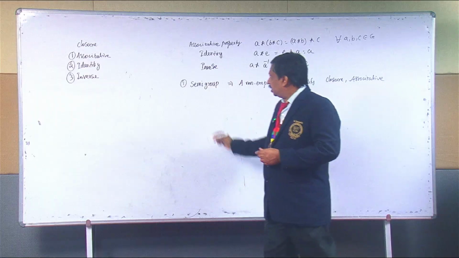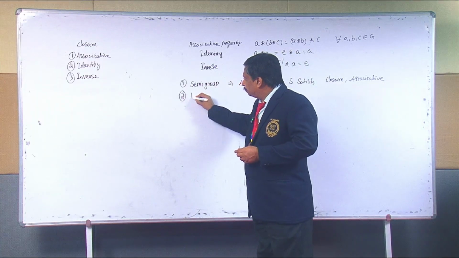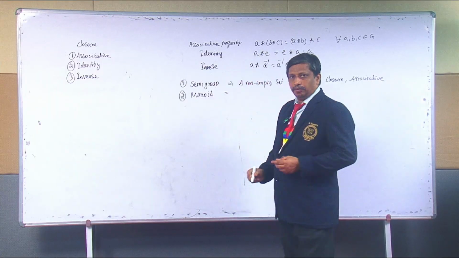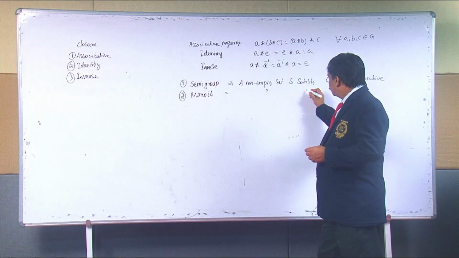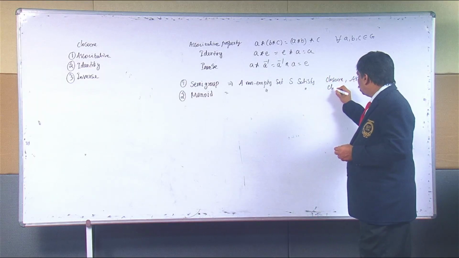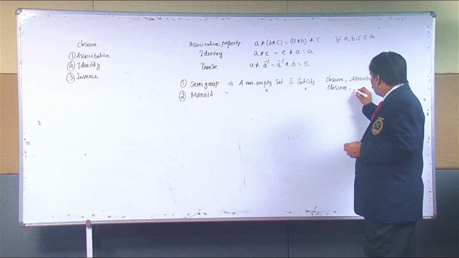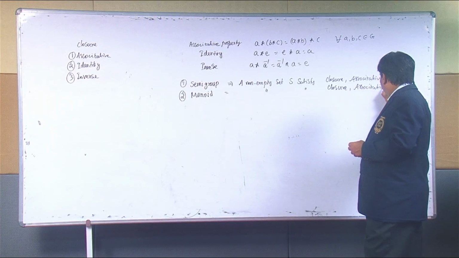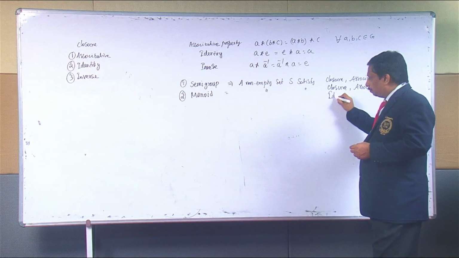The second one is monoid. A monoid is nothing but a non-empty set which satisfies closure, associative and identity.